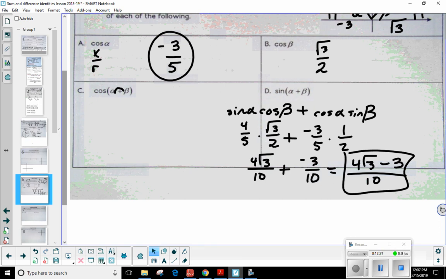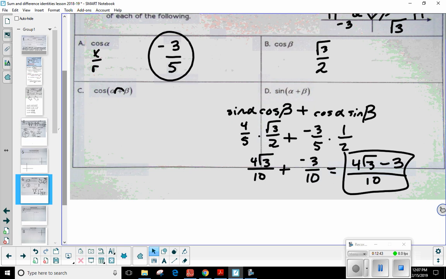So let me pass this out. Here we go. I took the original assignment and shrunk it down considerably. I just wanted to give you enough to practice.